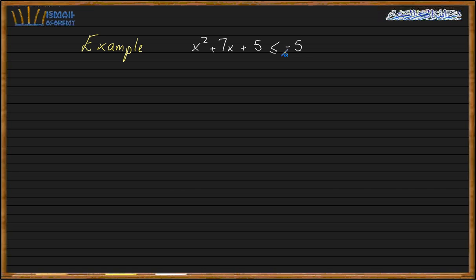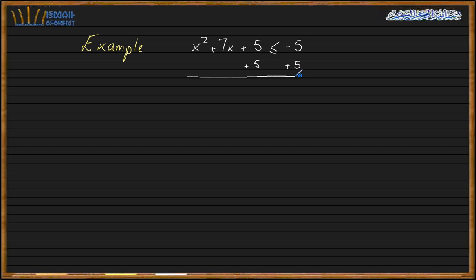The first step is you need to simplify, move everything to one side of the inequality, combine like terms. So first thing I'm going to add 5 to both sides.